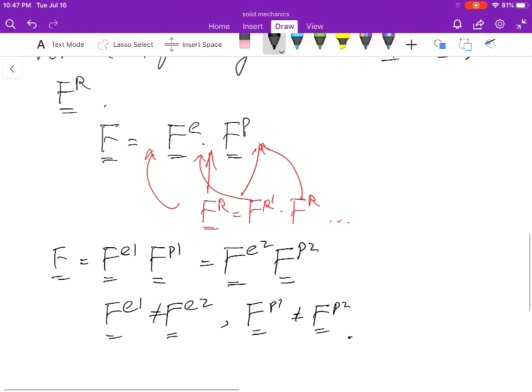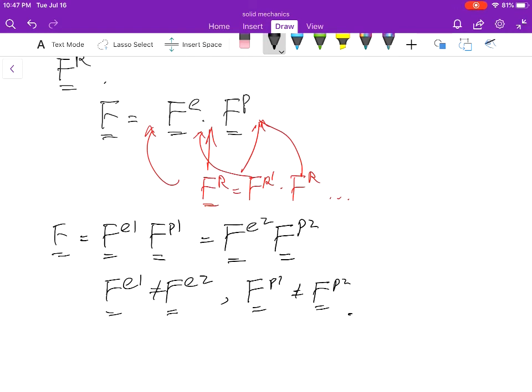Even though some people prefer to put the rigid body rotation part into the elastic deformation, and some of them prefer to put it in the plastic deformation. This is just up to your preference, and also to the specific problem.